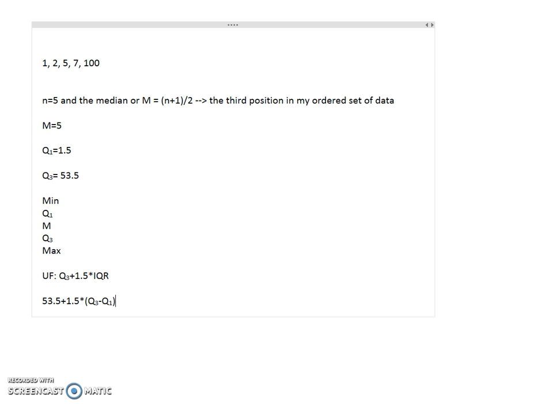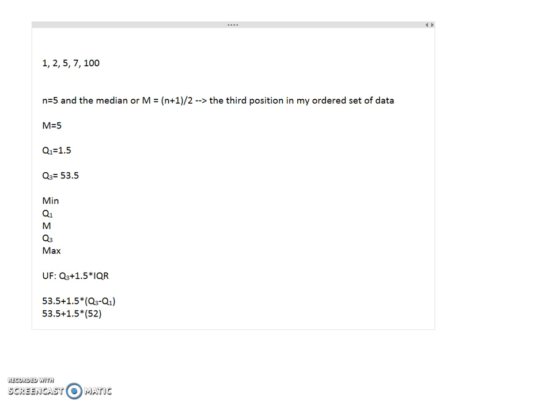Yeah, so it's just because of these small data values. In this instance, you get 53.5 plus 1.5 times (Q3 minus Q1), which is 53.5 minus 1.5, which is 52.